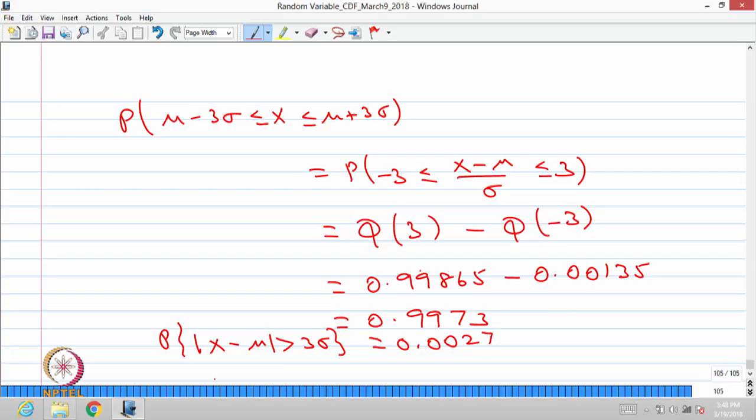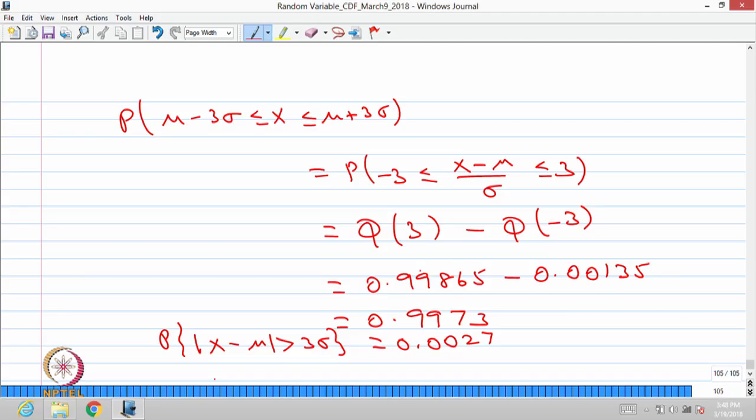So, away from mu minus 3 sigma to mu plus 3 sigma, the probability is 0.0027, or within the interval the probability is 0.9973. That is a very important observation.